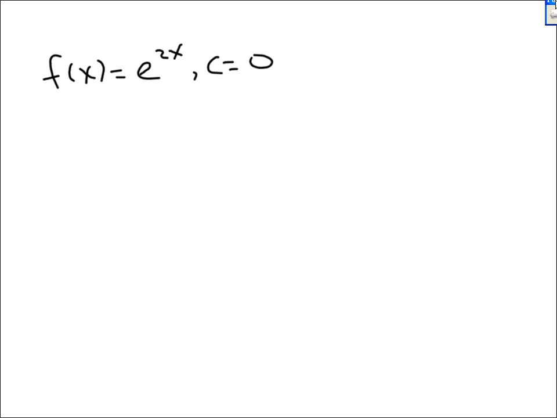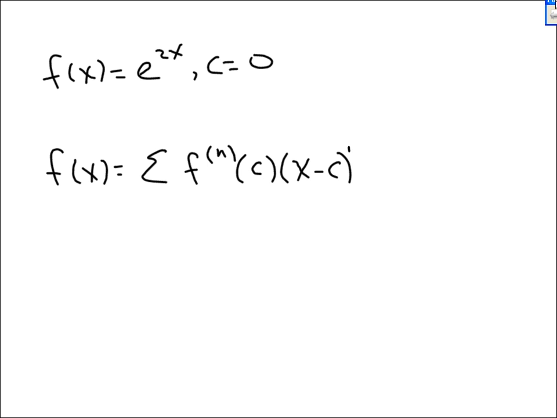We know that any f of x is equal to the summation of the nth derivative at c times x minus c to the n over n factorial, as n goes from 0 to infinity.